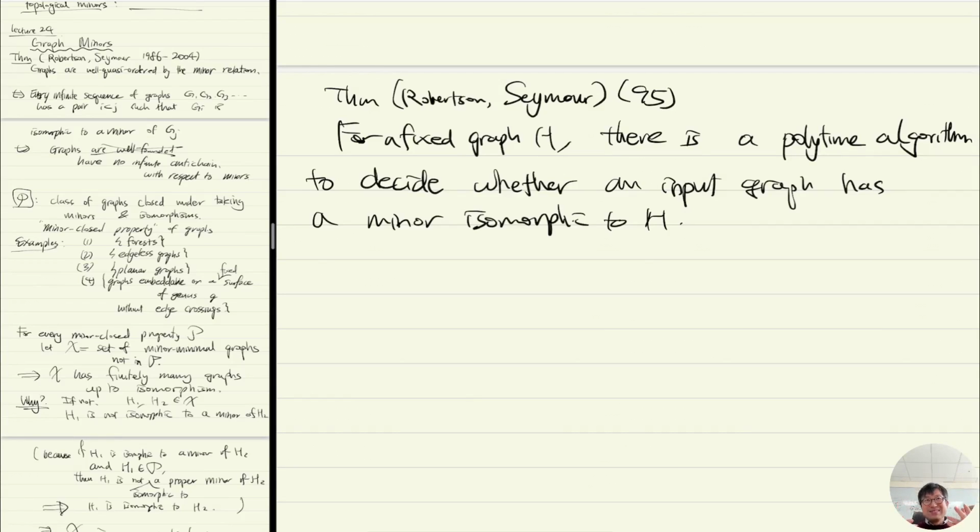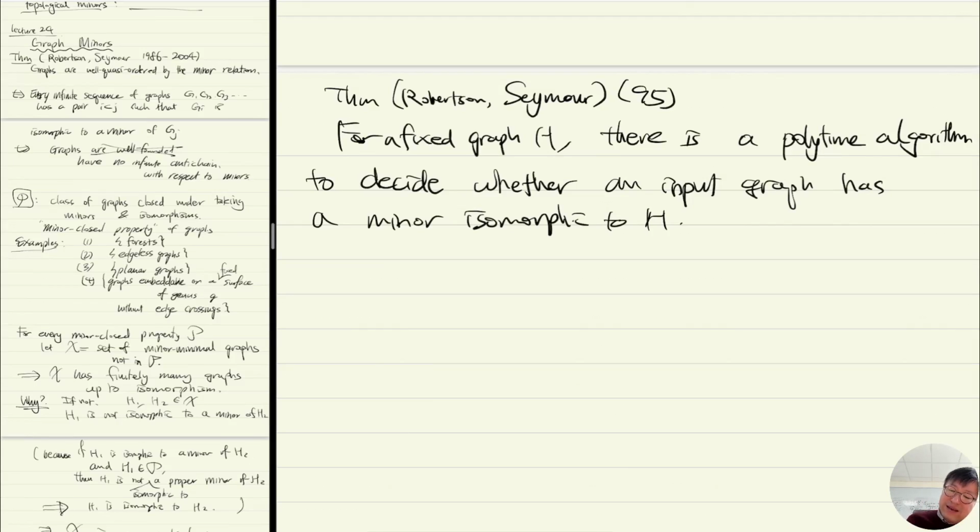Polynomial time means that the running time depends polynomially on the size of the input graph, where the size means the number of vertices plus the number of edges. So you can run this algorithm to decide whether or not the input graph contains H as a minor.